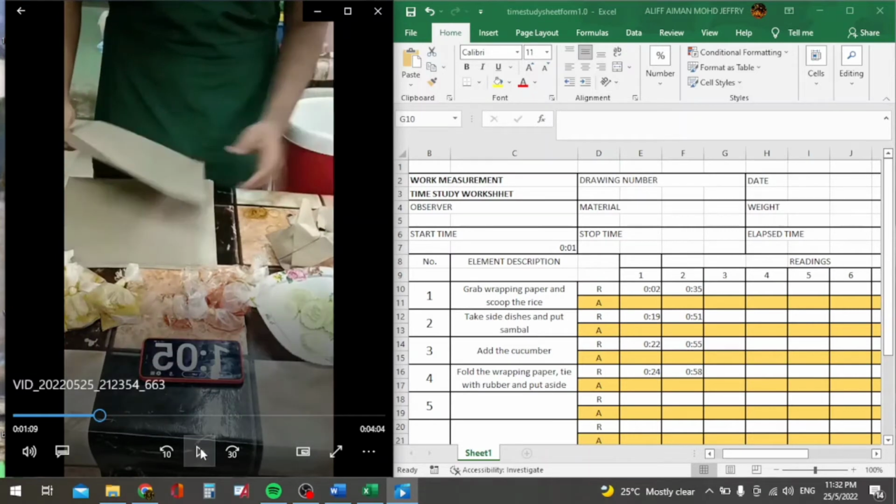Okay, this is 1 minute ago. We have done two cycles, and for the third cycle we take the time when the person touches the wrapping paper first, which is 1 minute 0.5.